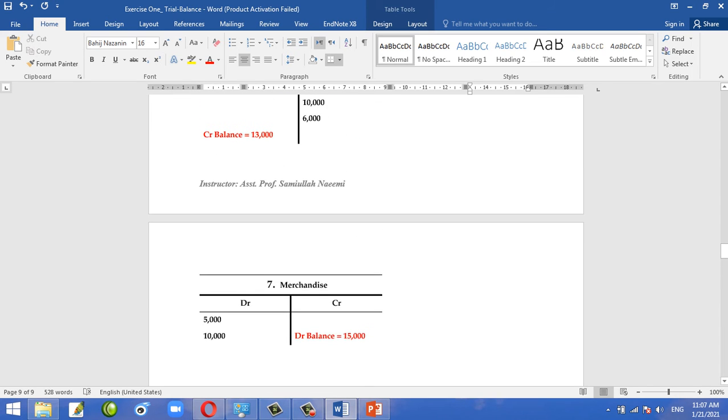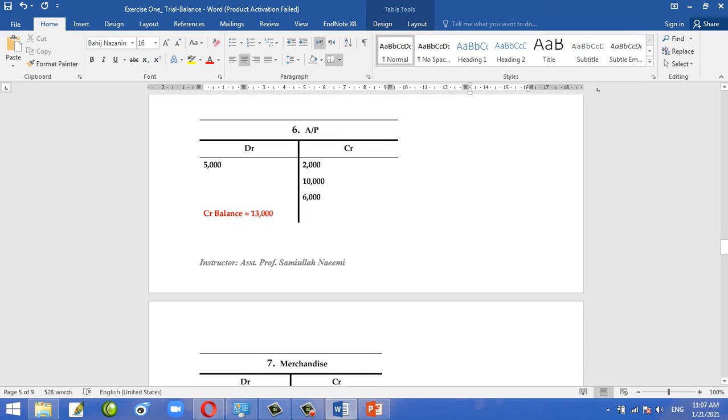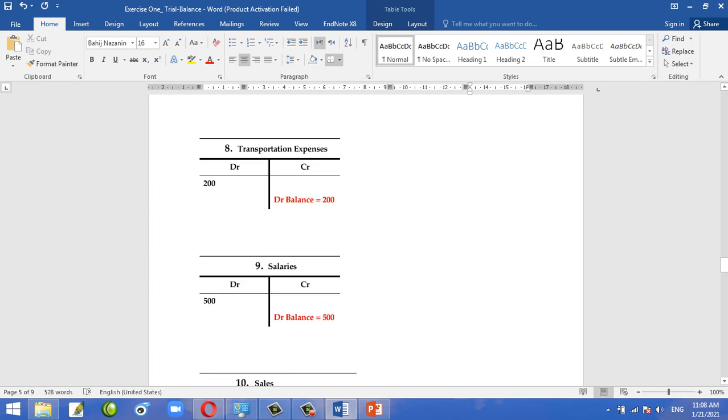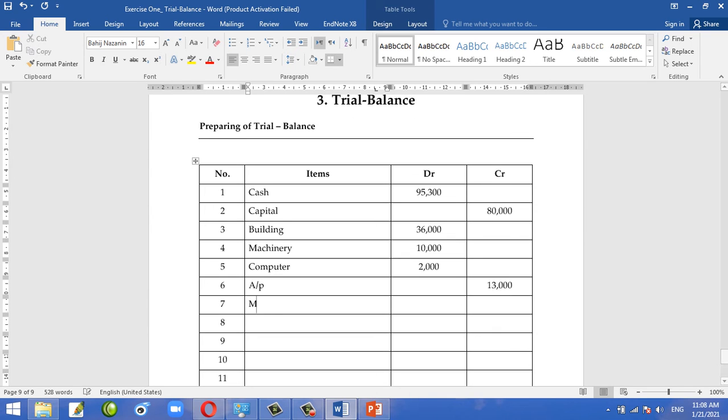Now the next one, merchandise. We have merchandise that is worth 15,000 in debit side.